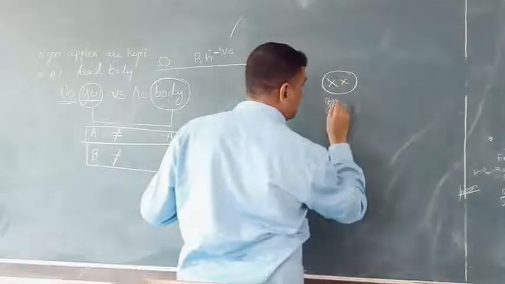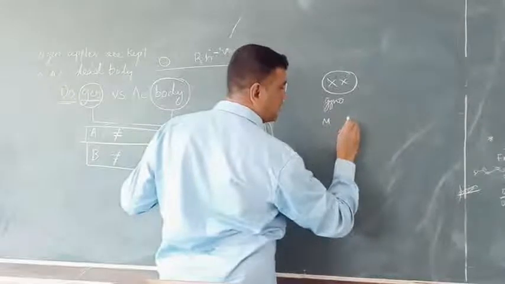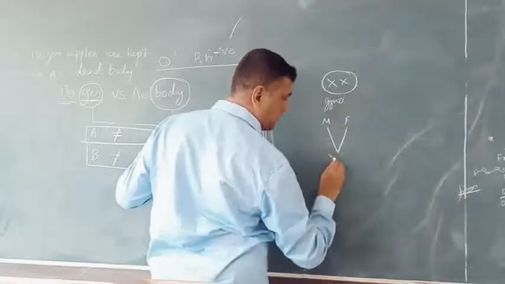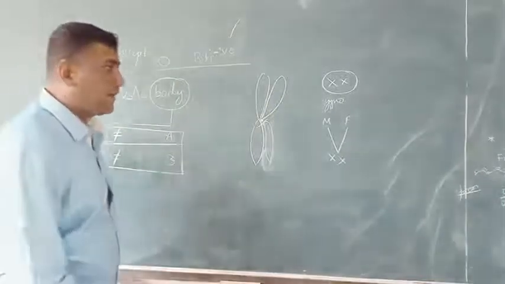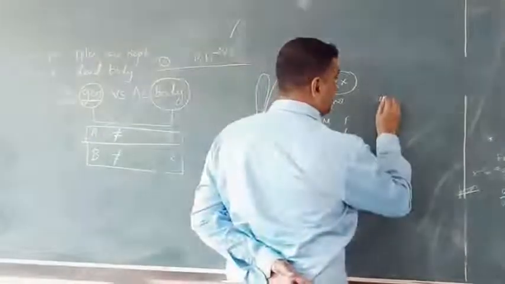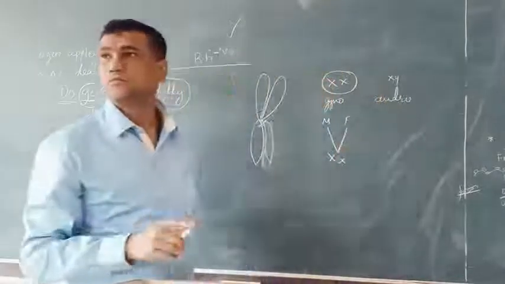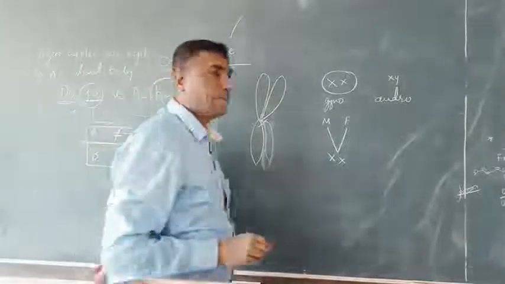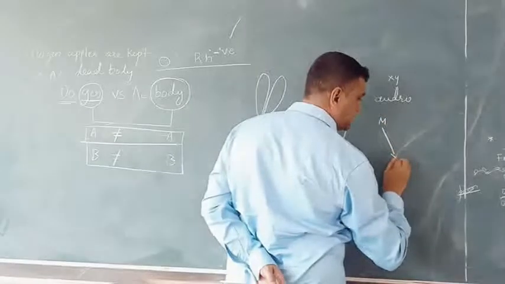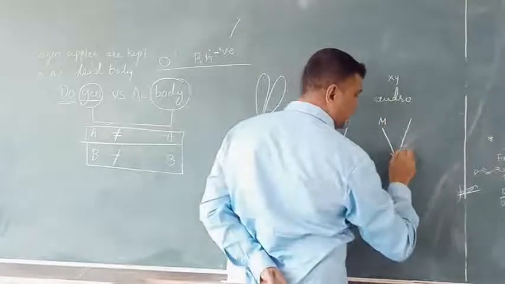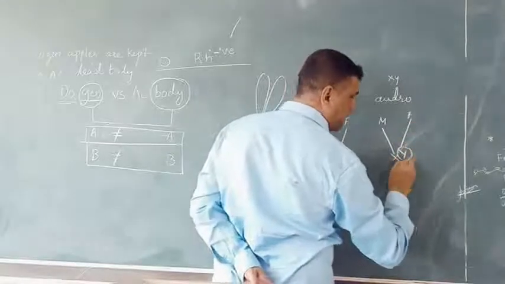Gynofusion: one from the mother, one from the father, giving XX. And in the andro case, the mother will only produce the X chromosome, while the father can produce two types of chromosomes, with the Y chromosome.